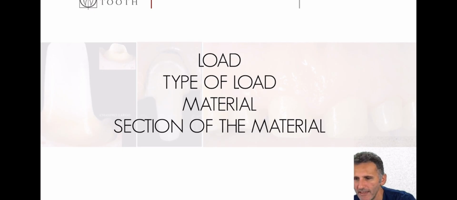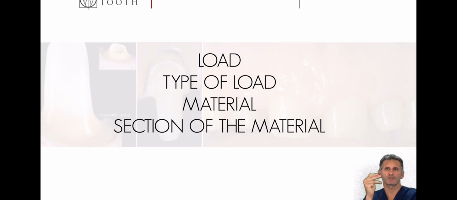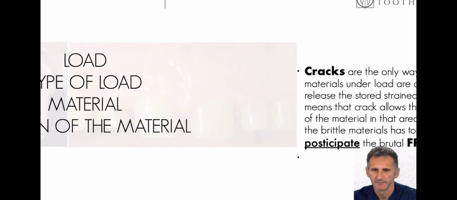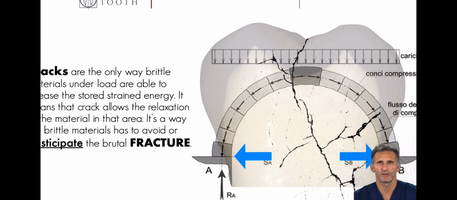So, when we think about a material and the deformation, we always have to take into consideration 4 parameters: load, type of load, material, and the section of the material. I'm going to assess all this.